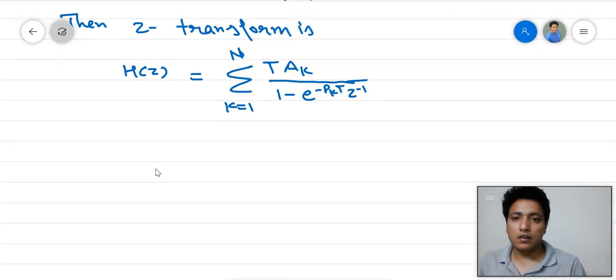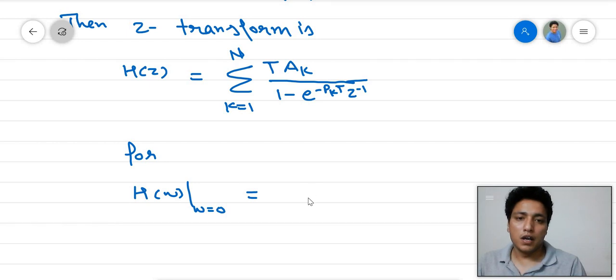Then for h omega at omega is equal to 0, it will be p over 1 minus exponential minus pk t.